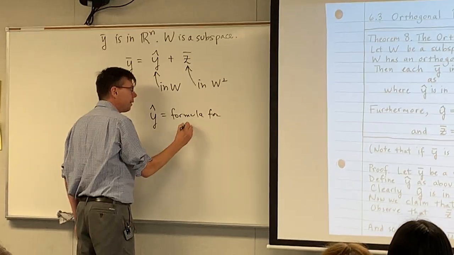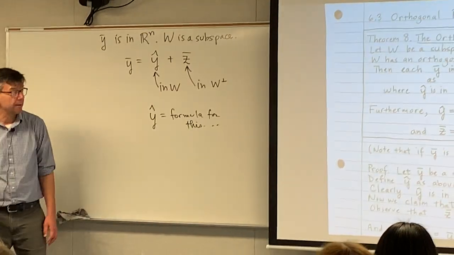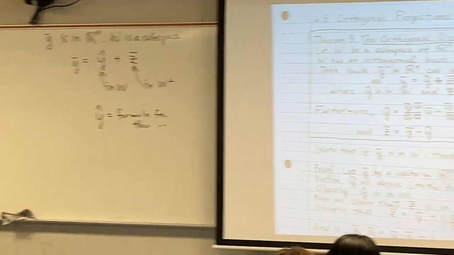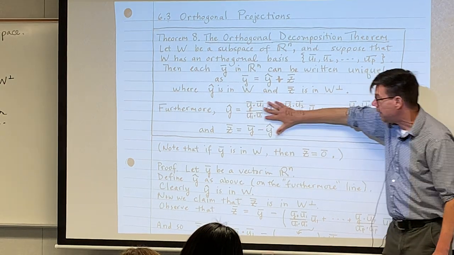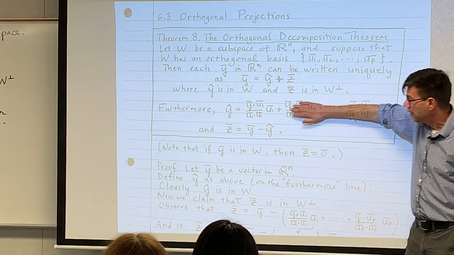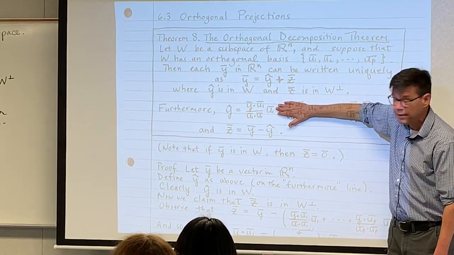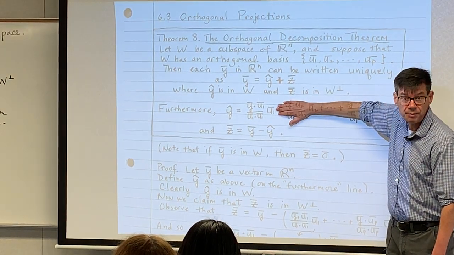I'm not going to rewrite the formula on the board, but you're going to have to know that formula. Right here it is. And my feeling is if you know one term of that formula, you'll be able to handle this whole business. It looks just like the formula from the previous section, because in the previous section we were choosing W to be a one-dimensional subspace.